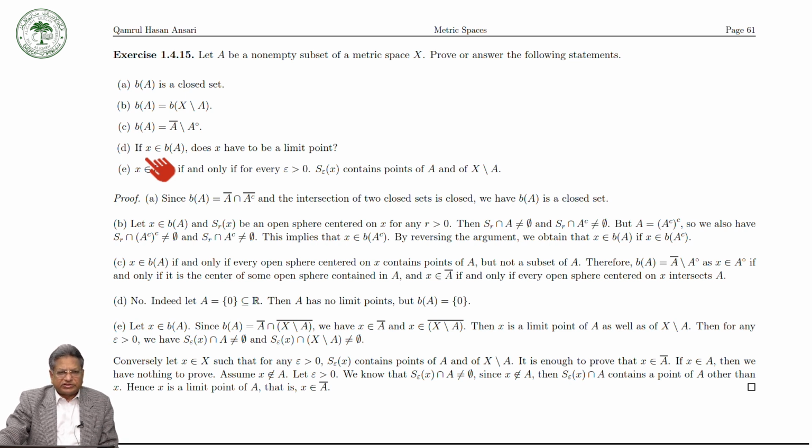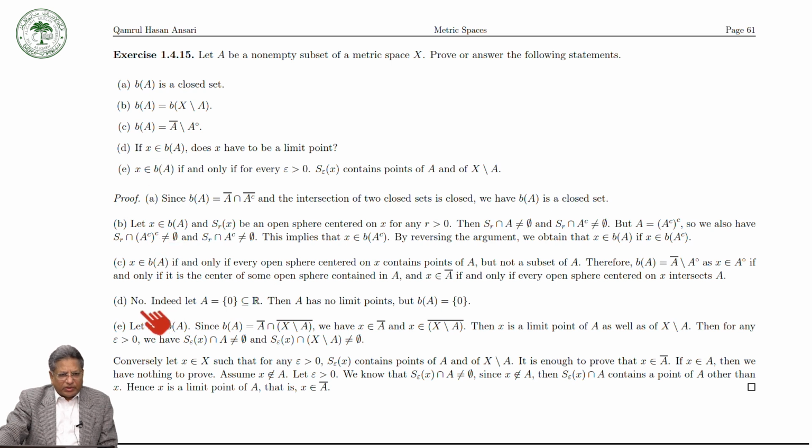If you look at it, you might think a boundary point is a limit point, but it may not be true. So let us see. The question is, is every boundary point a limit point? Here the answer is no. A boundary point may not be a limit point.